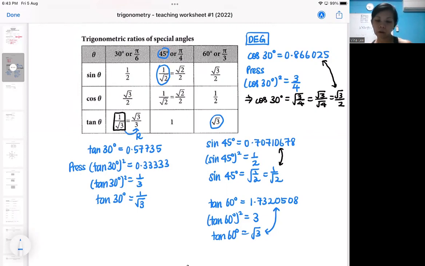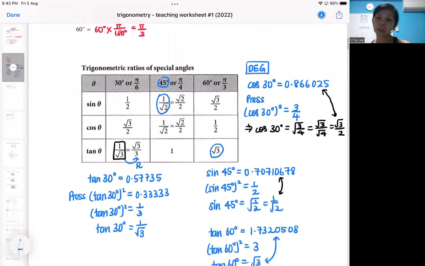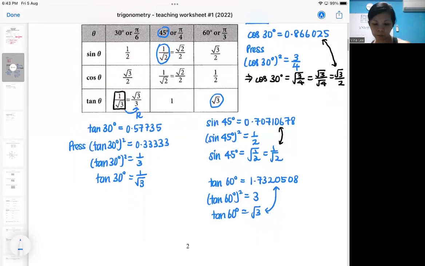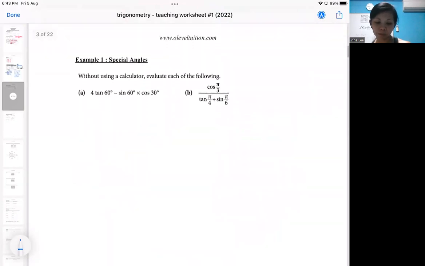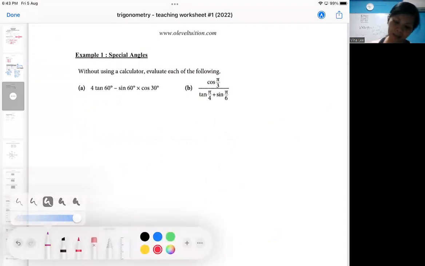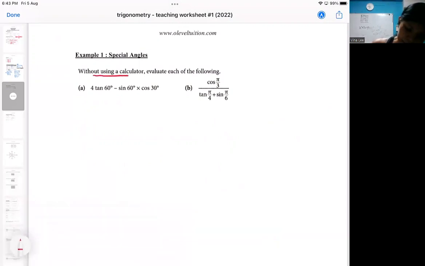Okay, so how will you be tested for this? One of the ways that you will be asked is like example 1. When they say without using calculator, there is an indication that you got to be doing it in surds. That means don't go and punch everything out directly. You're supposed to work it out in surds.